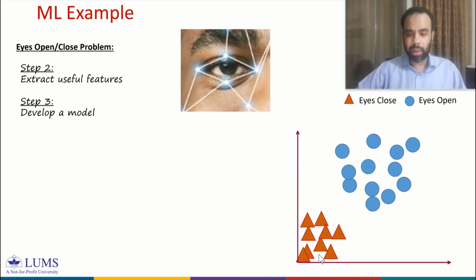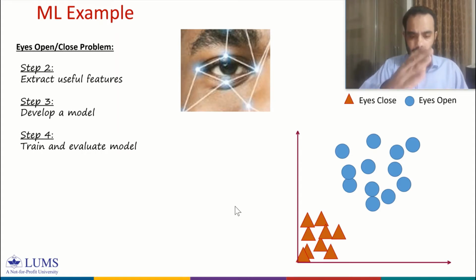Once we have this graphical representation of the data, or some information about the data, the next step is to develop a model, right? Once we have a model, we train and then we evaluate it. But the question here is, what should be the model? We can see the points here can be easily differentiated using a straight line.